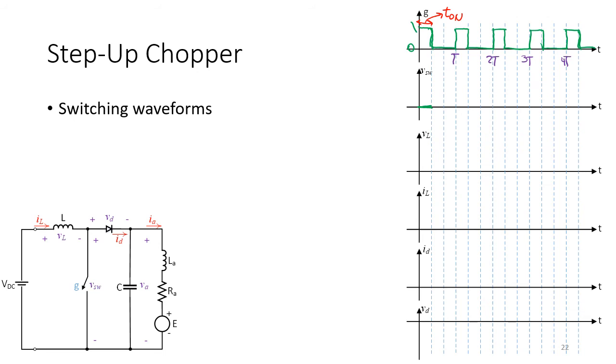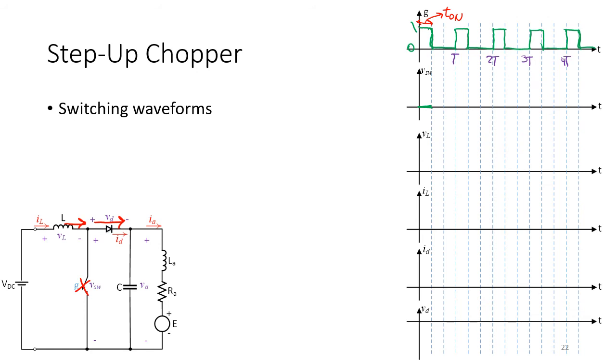What about when the switch is off? When the switch is off, the current of the inductor cannot go through the switch. So see, you have this current here. It cannot go through the switch because the switch is off. So it goes through the other possible path, which is the diode. So the voltage across the diode will be zero.